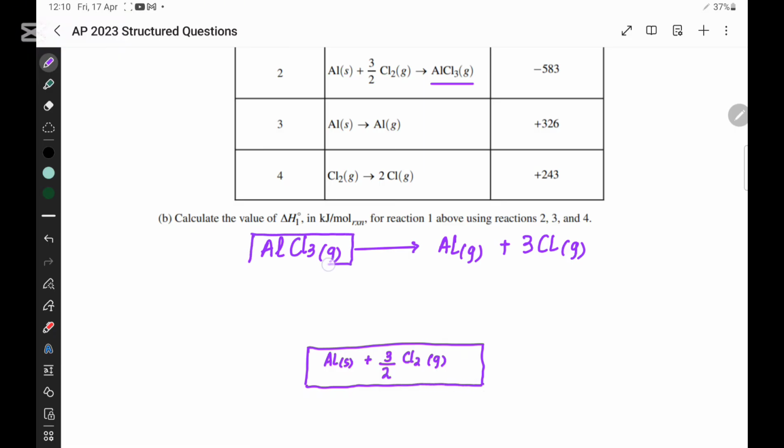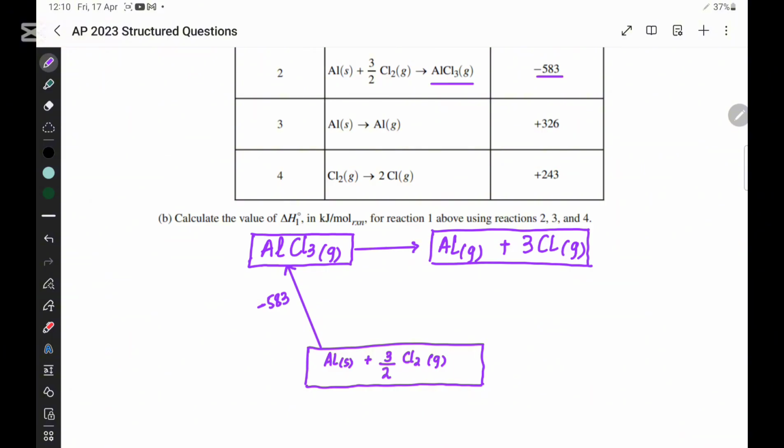This will also be in a rectangle, and this will also be in a rectangle. So you can see when 1 mole of a compound is forming, it is going to have minus 583. So 1 mole of a compound is forming, so I am putting an arrow from this point to this point. That is going to be minus 583 because it is forming 1 mole of aluminium chloride.